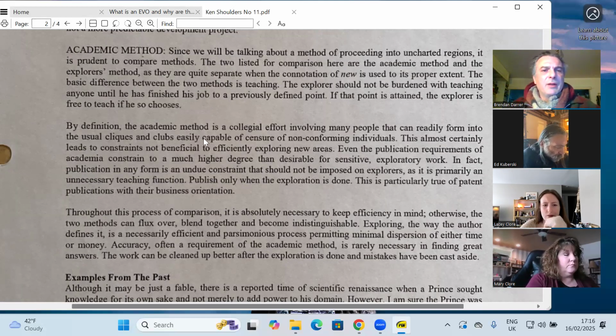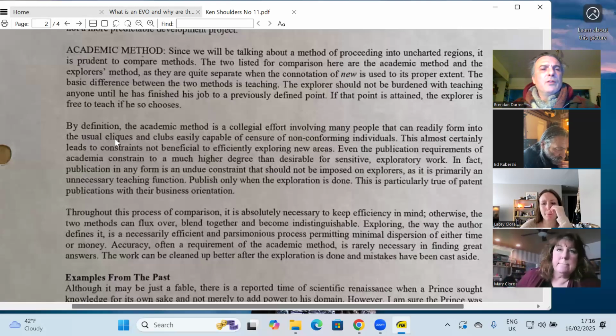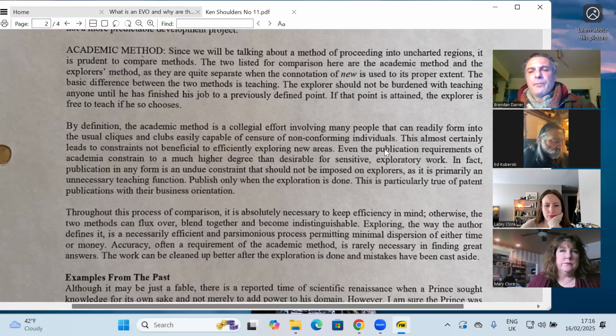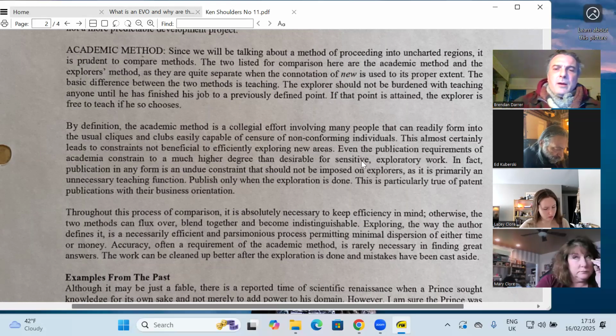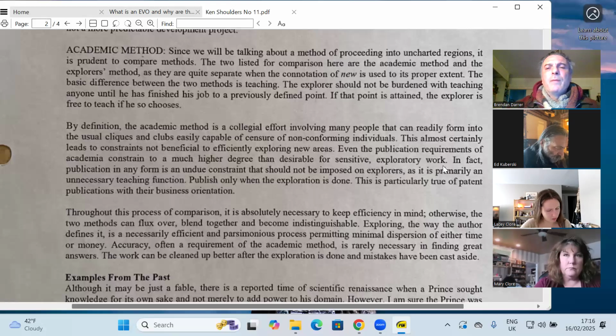Definition: the academic method is a collegial effort involving many people that can readily form into the usual cliques and clubs easily capable of censure of non-conforming individuals. This almost certainly leads to constraints not beneficial to efficiently exploring new areas. Even the publication requirements of academia constrain to a much higher degree than desirable for sensitive exploratory work.